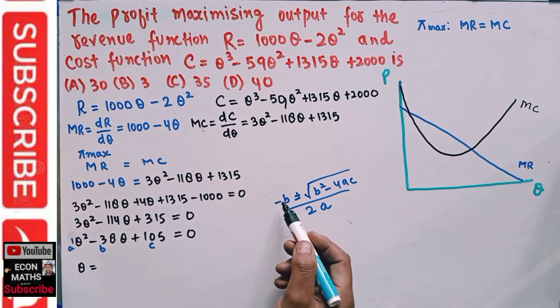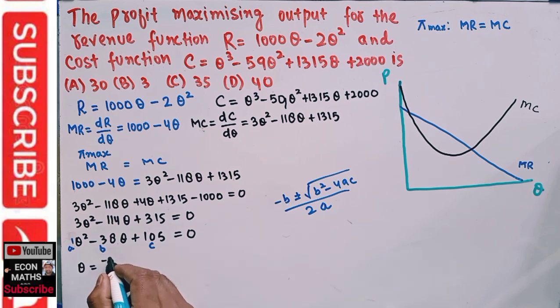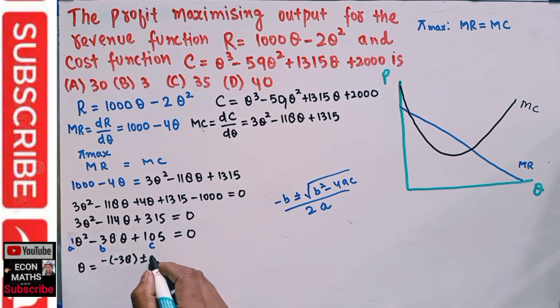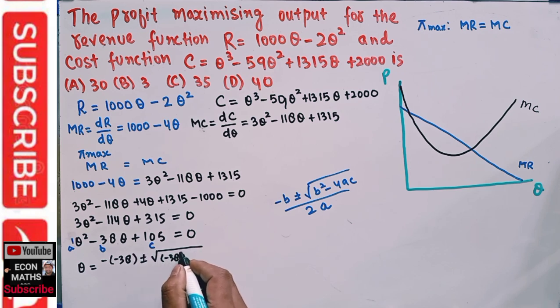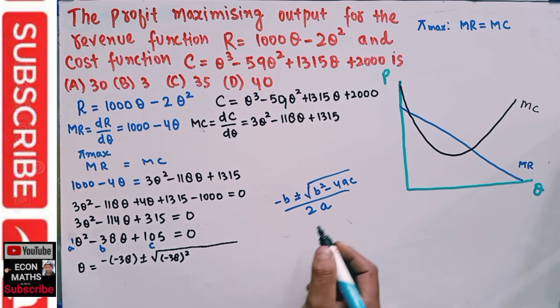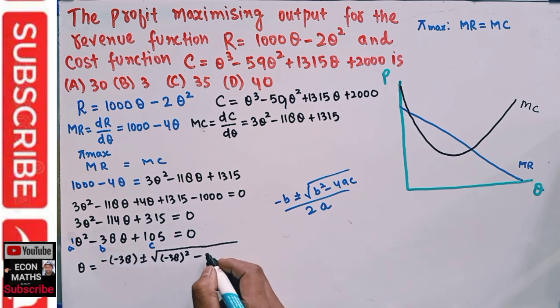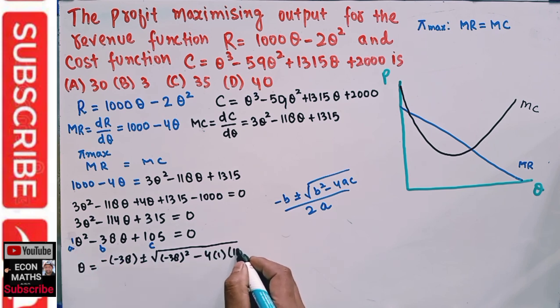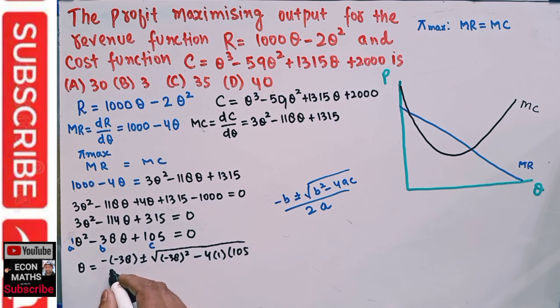In place of b we have -38, so minus from the formula, and b is -38. Then we have plus minus the square root of b², that is (-38)², then minus 4ac, where the coefficient a is 1 and c is equal to 105, and we divide by twice a, 2 times the coefficient of Q².